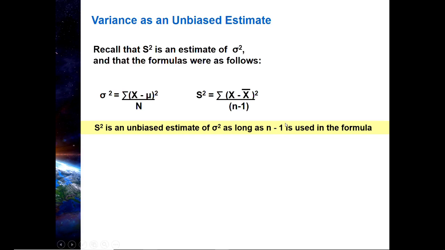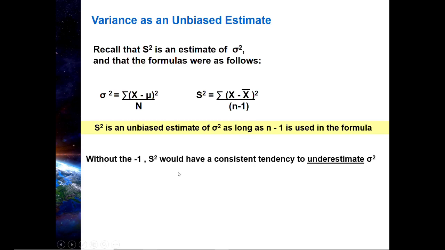You've got to put in this correction. In fact, if you didn't have the -1, s squared, the variance of the sample, would have a consistent tendency to underestimate the variance in the population. And if it has that consistent tendency to underestimate, that means it's biased, right?